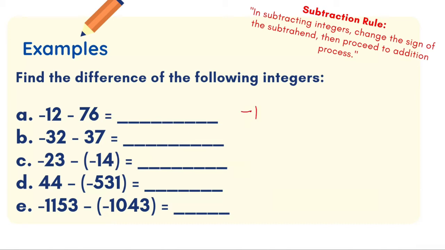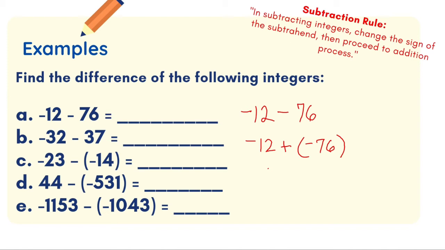Meron tayong negative 12 minus 76. So, ang gagawin natin, papalitan natin ng sign yung 76 and this becomes negative 12 plus negative 76.